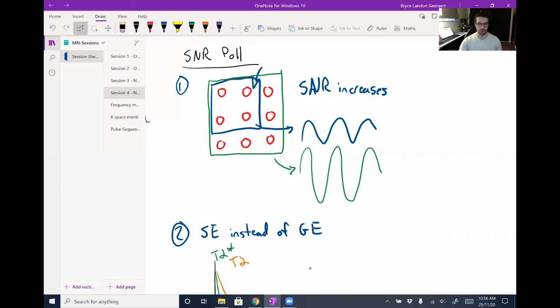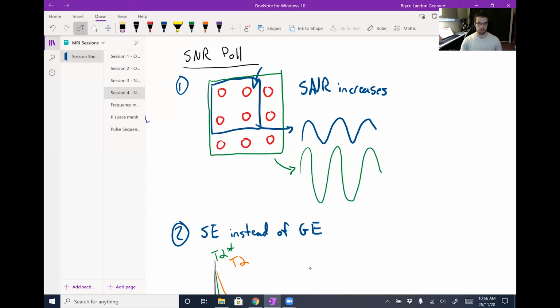Okay, so question 3 in this poll was, what happens to SNR if we increase our TR, our time between repetitions of our pulse sequence? SNR increases in that scenario, so well done, everyone. Increasing our TR allows tissue to have more time for the NMV to recover, right?